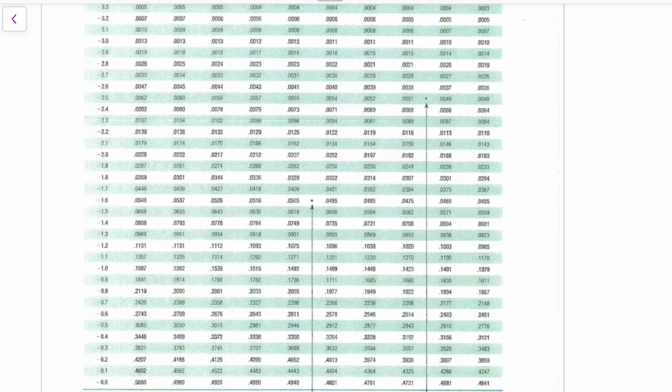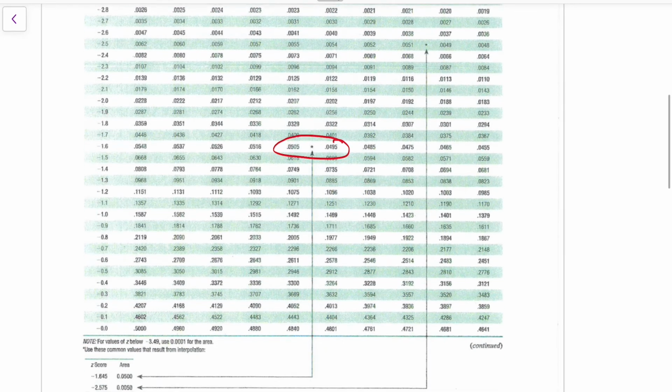So let's take a look. I'm looking for a z-score that gives us an area to the left of 0.05. If I look right here, I notice I have two values that are equidistant from 0.05, and so I want to take their mean. But this chart has done this for us: a z-score with an area to the left of 0.05 is going to be negative 1.645.